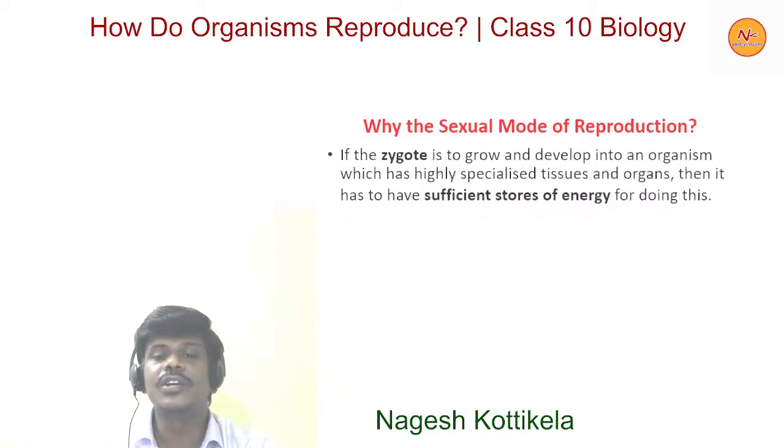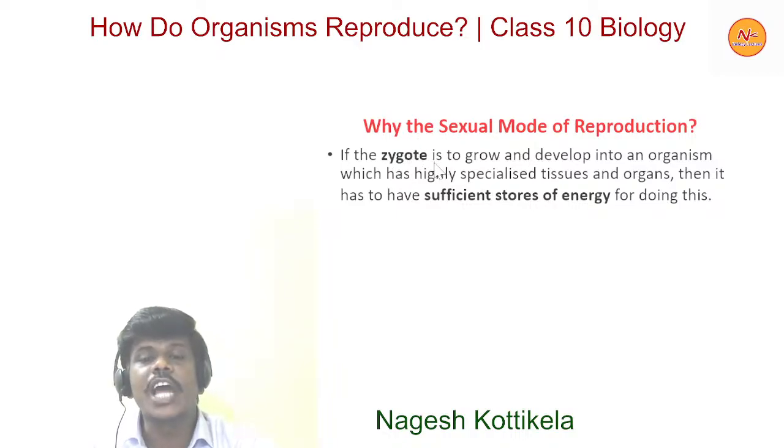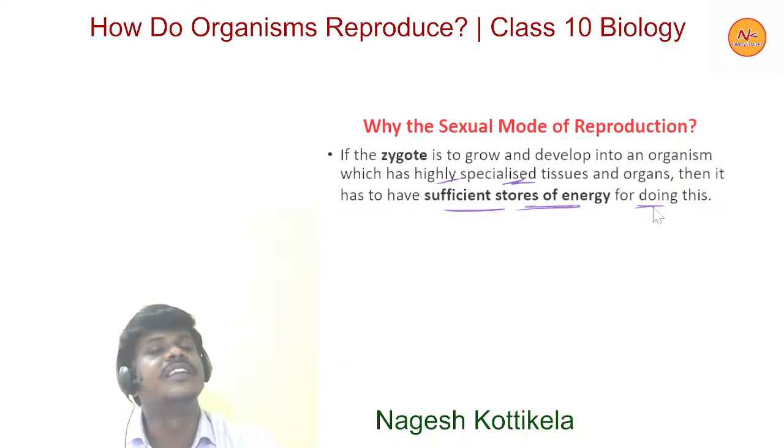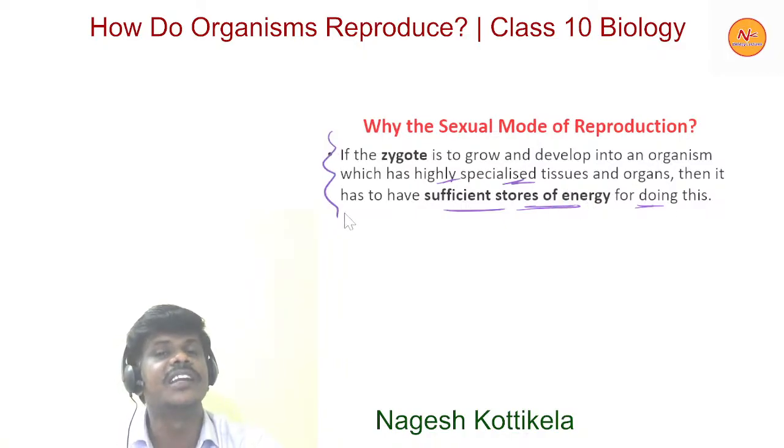Now moving to the continuation, if the zygote is to grow and develop into an organism which has highly specialized tissues and organs, then it has to have sufficient stores of energy for doing this. I repeat this once again. Zygote is a combination.